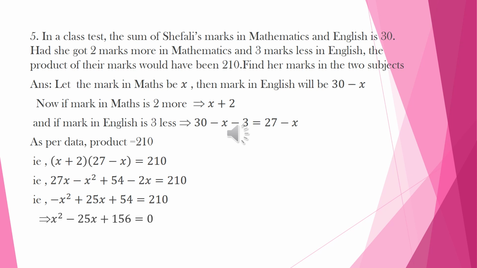Opening the brackets, we can see 27x minus x square plus 54 minus 2x equal to 210. Transposing and making it the standard equation of the form x square minus 25x plus 156 equal to 0.